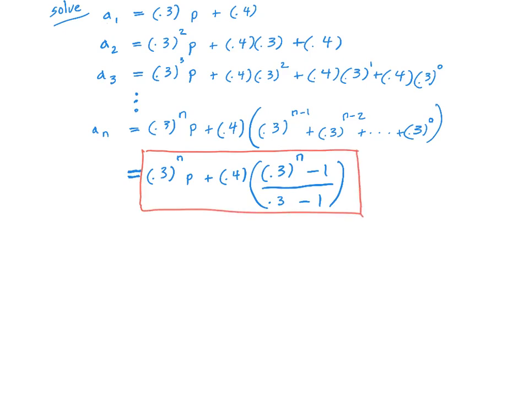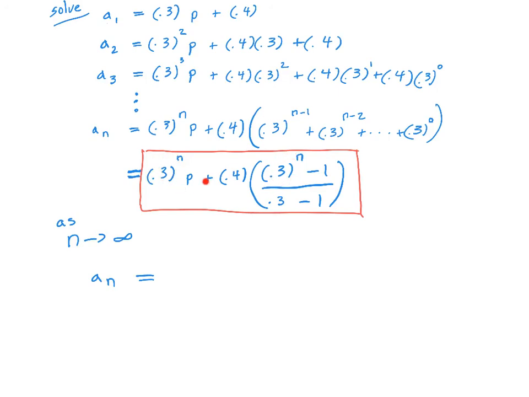Now, another thing that we could do at this point is consider what happens when n gets very, very big. So what happens when n goes to infinity? So as n goes to infinity, a sub n equals a certain value. Let's think about what that value might be. Well, as n gets very, very big, the 0.3s all just go to 0. So that one goes to 0.